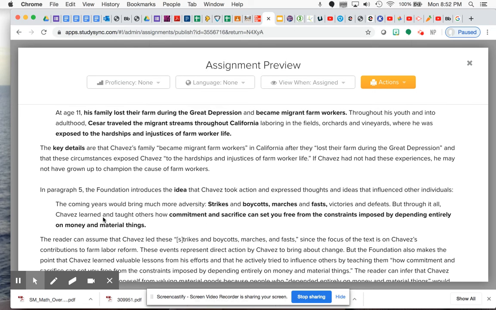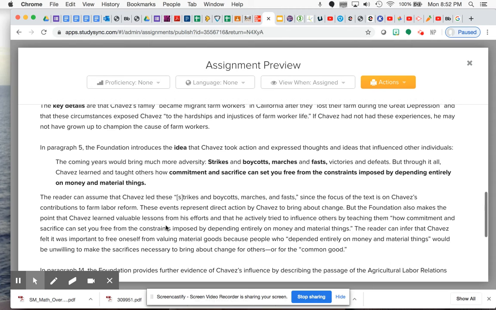But through it all, Chavez learned and taught others how commitment and sacrifice can set you free from the constraints imposed by depending entirely on money and material things." The reader can assume that Chavez led these strikes and boycotts, marches and fasts, since the focus of the text is on Chavez's contributions to farm labor reform. These events represent direct action by Chavez to bring about change.